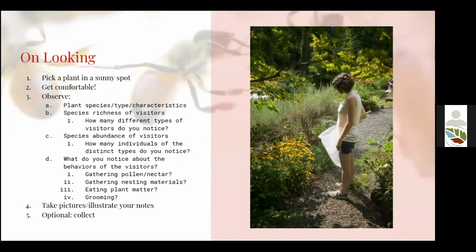It's kind of like fishing in the sense it's very meditative. So if you pick a plant that's in a nice sunny spot, eventually you're going to have some insect visitors come by. And what I would do is, if you know the plant species, make a note of that.